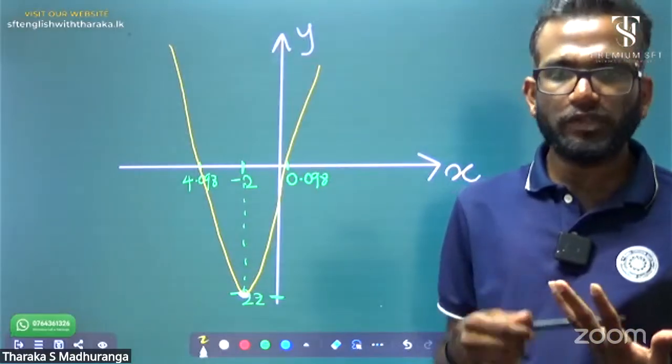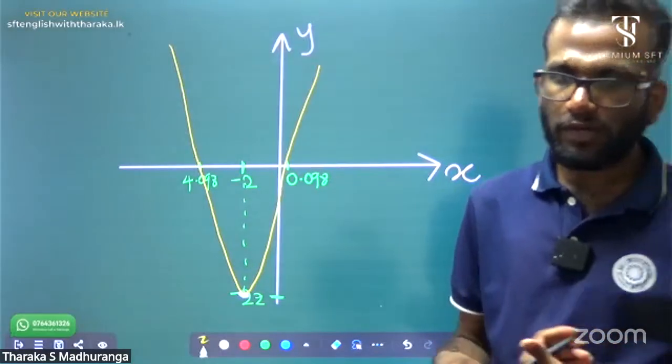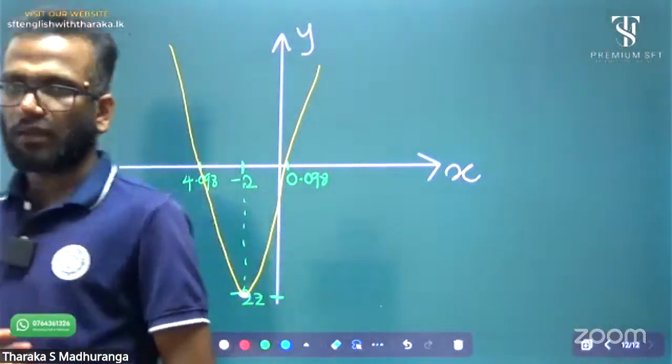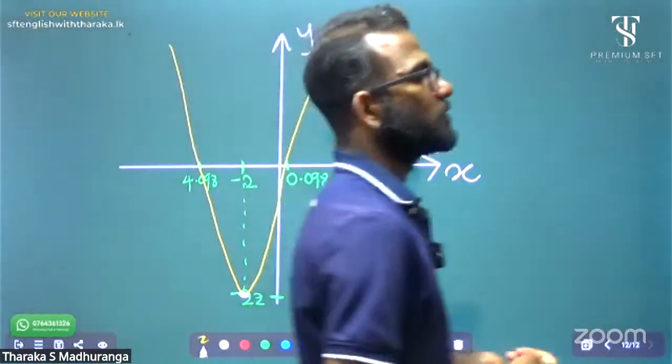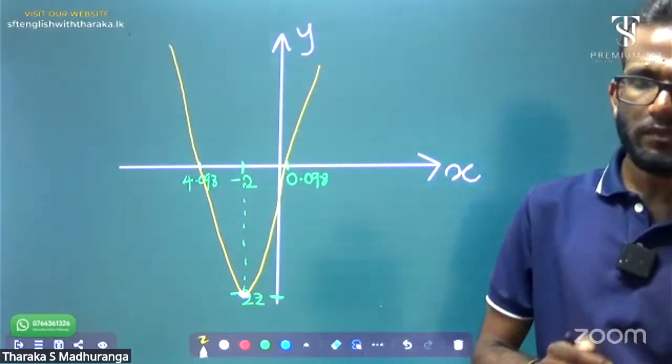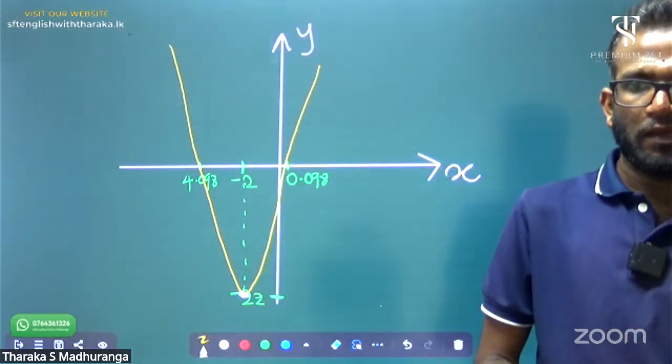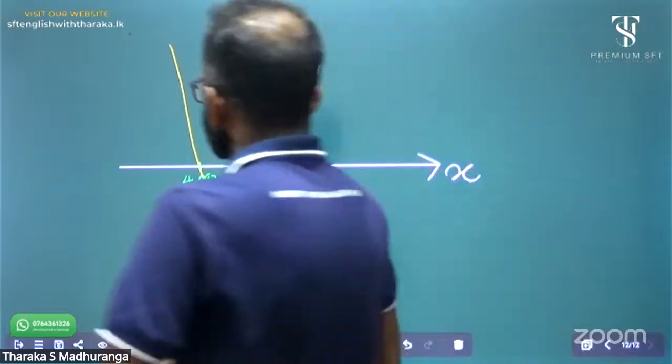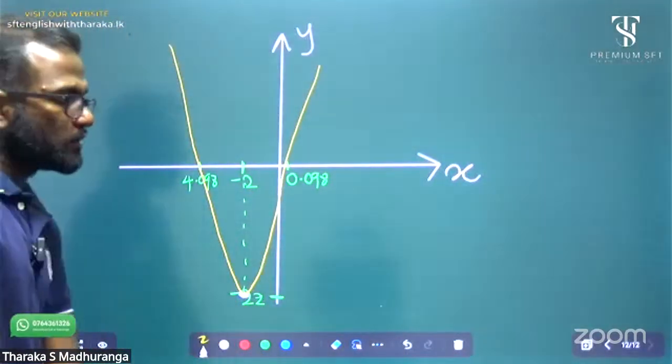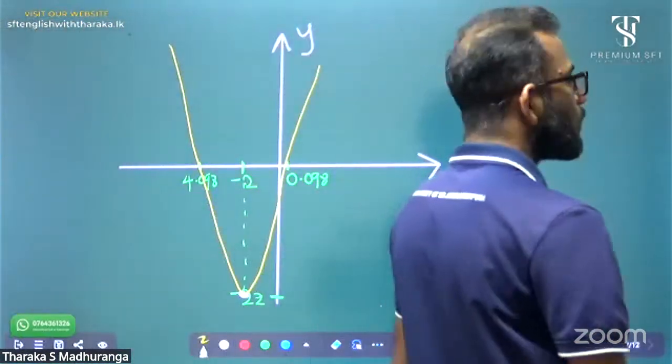Do you have any doubt? That's the end of the coordinate geometry lesson on quadratic functions. I'll give you a homework question, and next week we can start our new lesson.